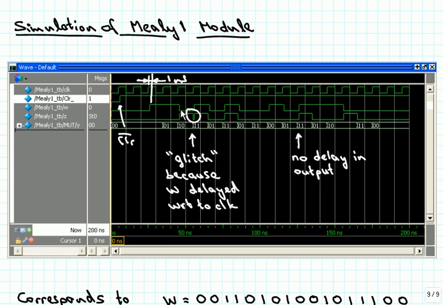So because W gets delayed a little bit, what we are detecting here is the pattern 1, 1, 0 for that first C equal to 1, and then the next one is 1, 0, 1, so that's for the next part of C equals 1. But because W is slightly delayed with respect to the clock, we do not get to see that 1 here in the 1, 0, 1 pattern for 1 nanosecond, and that produces this spike here.